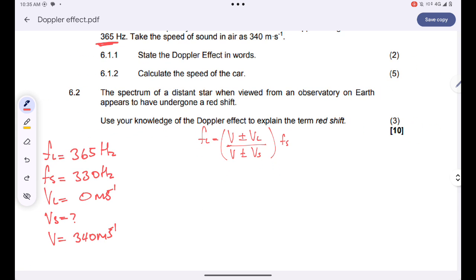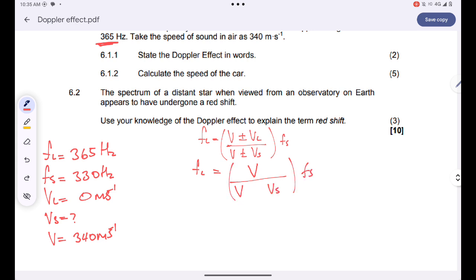Remember that, guys, our listener is stationary, which simply means there at the top the velocity of the listener will be 0 meters per second, and hence I'll be only left with the speed of sound only.